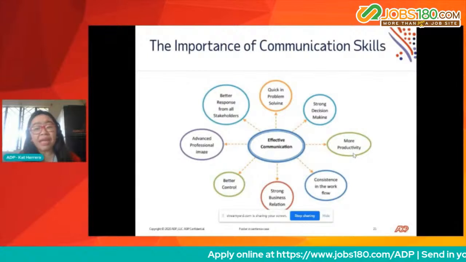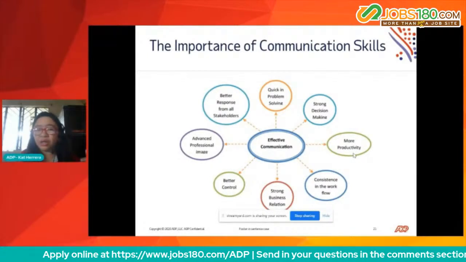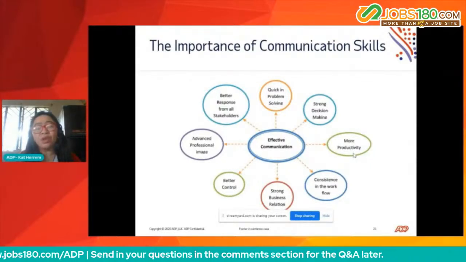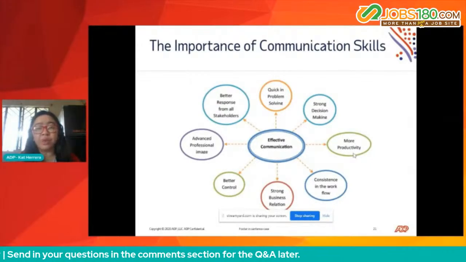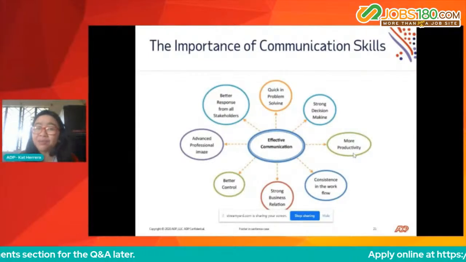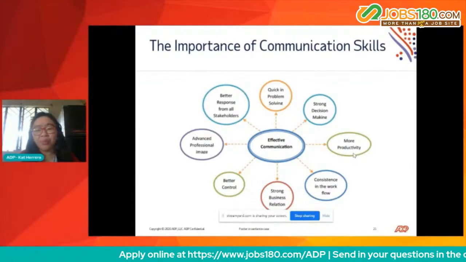Strong decision making, absolutely. If your communication skills are subpar, let's say, then definitely that would affect your decision making because you wouldn't have understood the problem. Not only that, you would not be able to communicate effectively with the people in your team or with your supervisors. Other than that, you also have productivity.